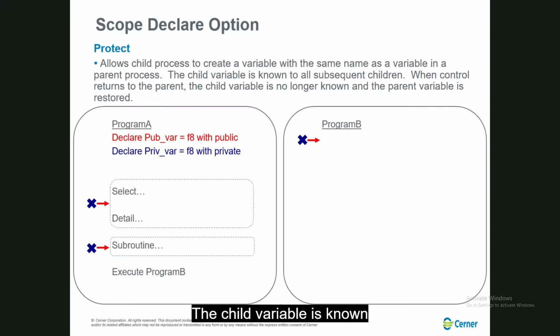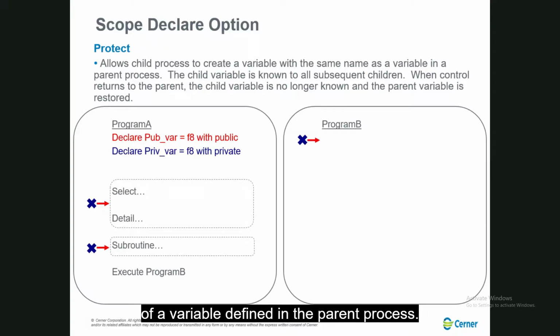The child variable is known to all subsequent children. When control returns to the parent, the child variable is no longer known and the parent variable is restored.